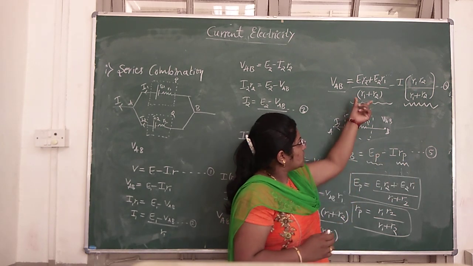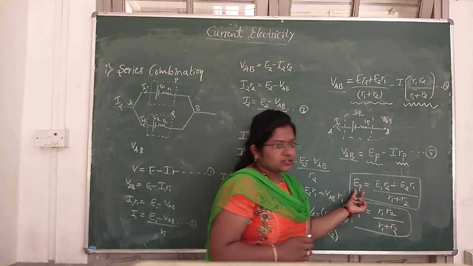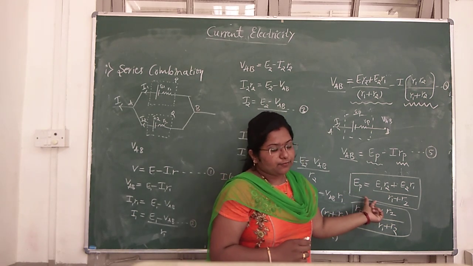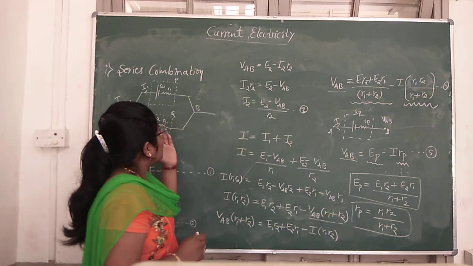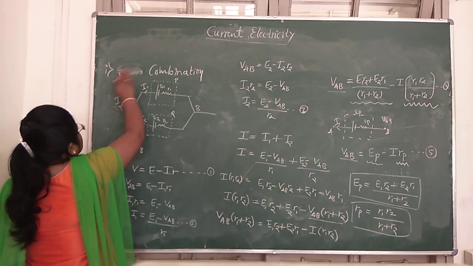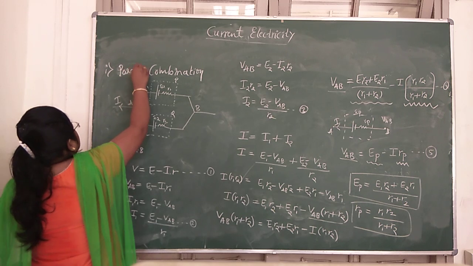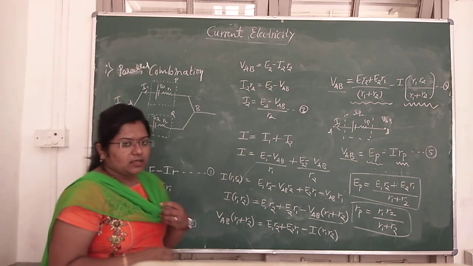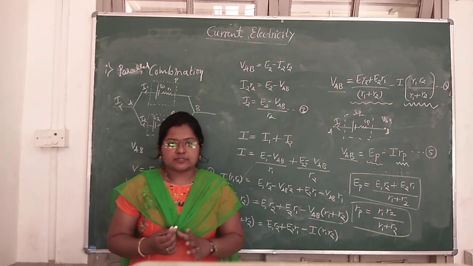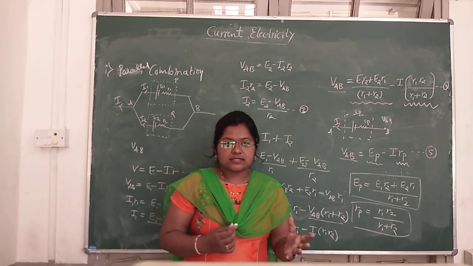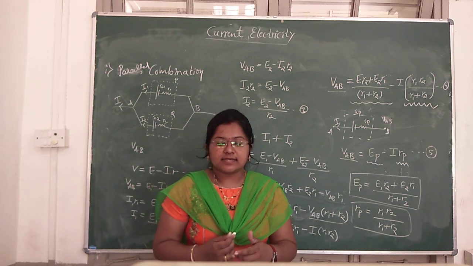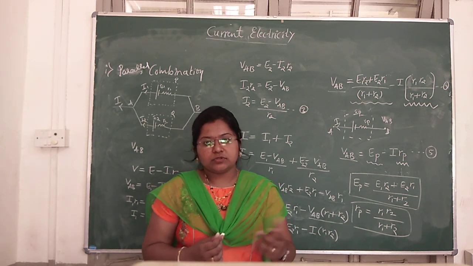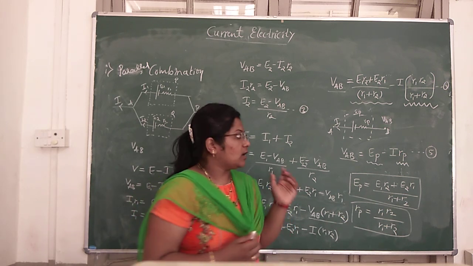By combining these two, we got the expressions for effective EMF and effective internal resistance for the parallel combination. So hence we have got the expressions for effective internal resistance and effective EMF for both series combination and parallel combination.